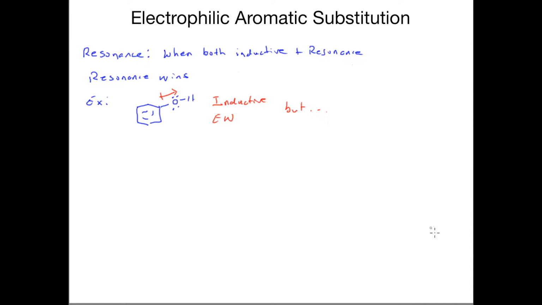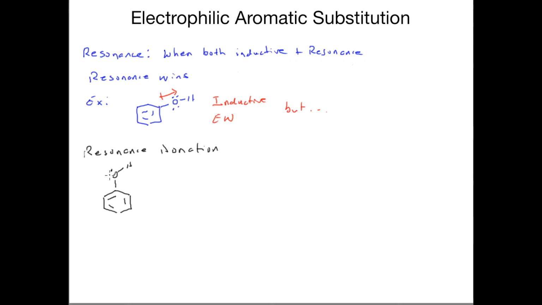But what's not being shown in this is that we also have lone pairs on the oxygen. And this brings us to another aspect of phenol, which is resonance donation. So we can use those lone pairs to push electrons onto our aromatic ring.